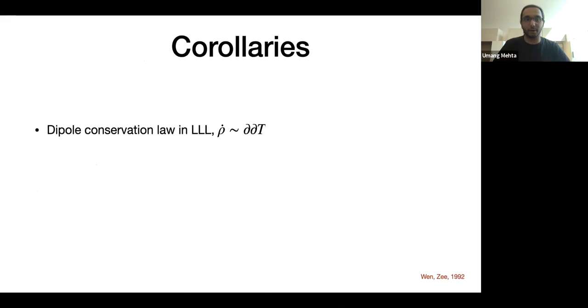Okay, so the first corollary to this is that the lowest Landau level naturally realizes a dipole conservation law, where the time derivative of rho is given by two derivatives acting on the stress tensor, written here in schematic notation by suppressing indices. It's very easy to see how this can be obtained in the lowest Landau level, starting simply from the conservation equation for the charge density and the conservation equation for momentum density in the presence of an external magnetic field.